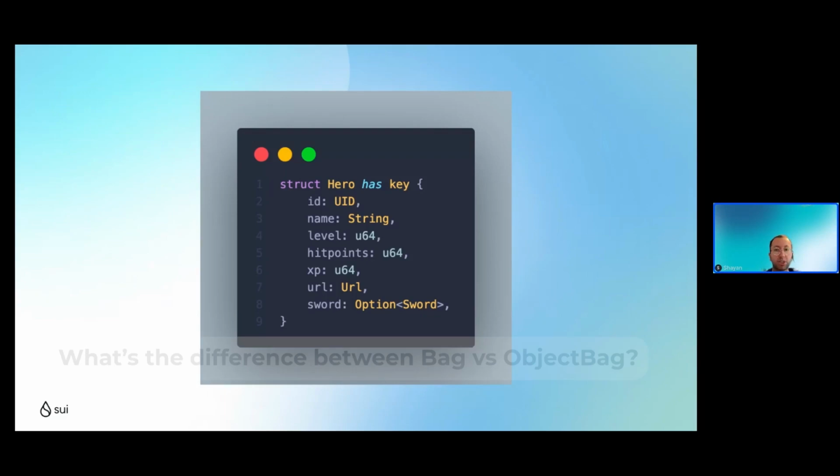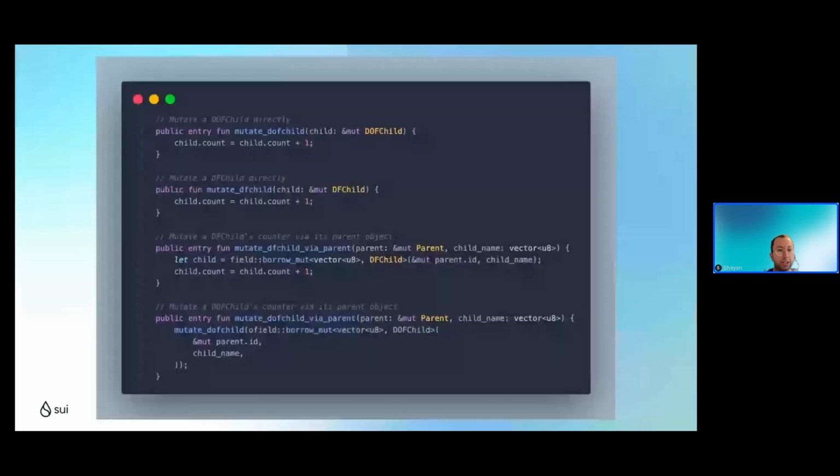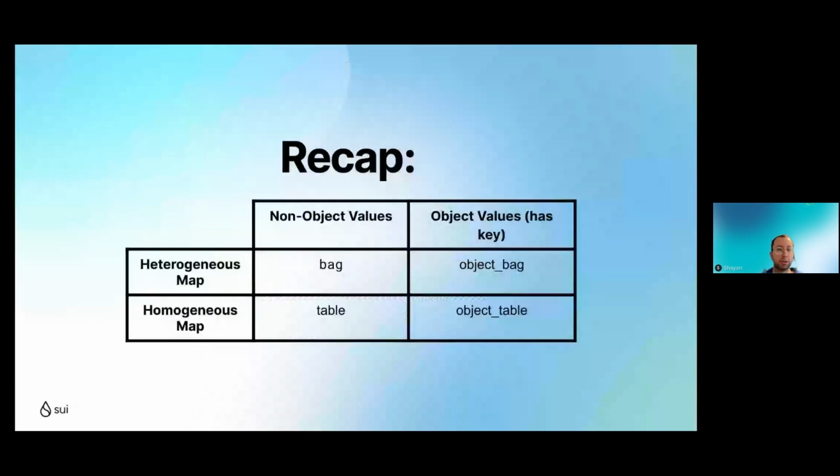Zach asked, what's the difference between bag and object bag? So if we go to the last, right here, bag versus object bag. Bags and object bags both hold heterogeneous values, meaning they both hold different types of values.